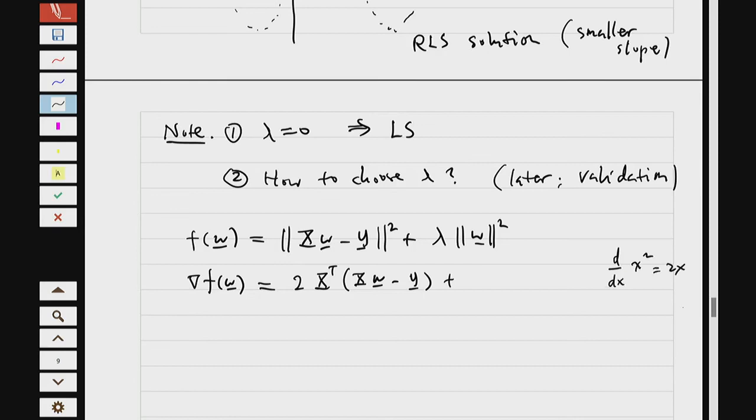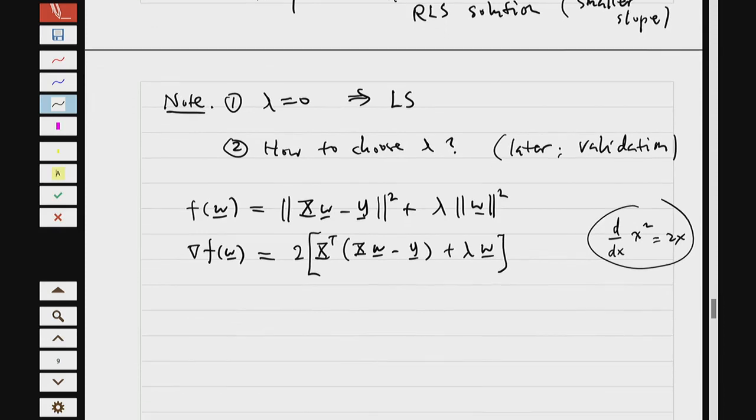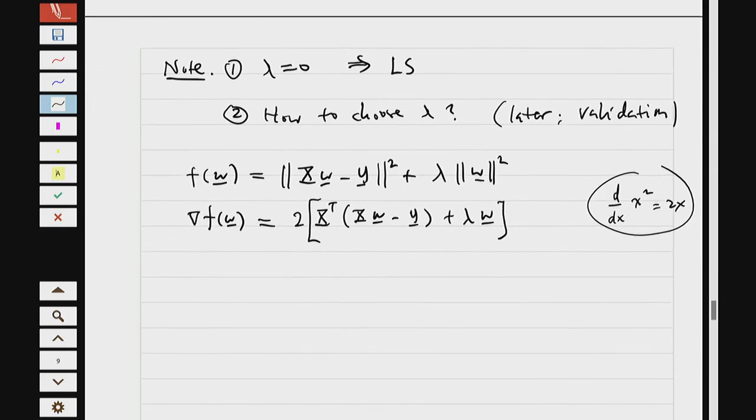Here you also have the square of the vector w, so you have the same thing. I'm sorry, I have a 2 in front already, so therefore lambda times w like that. And again, we want this gradient to be equal to 0.